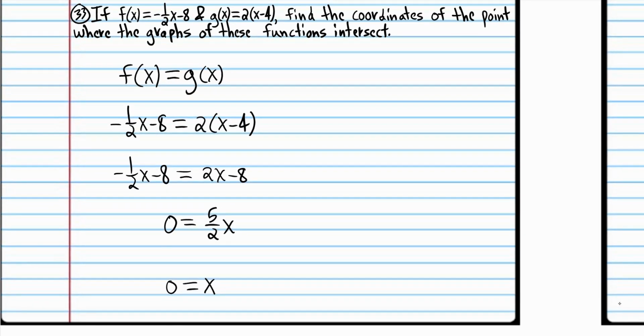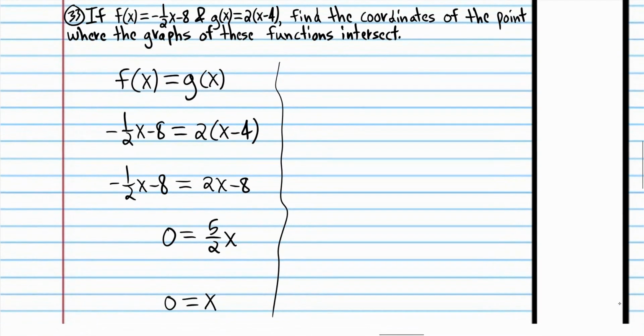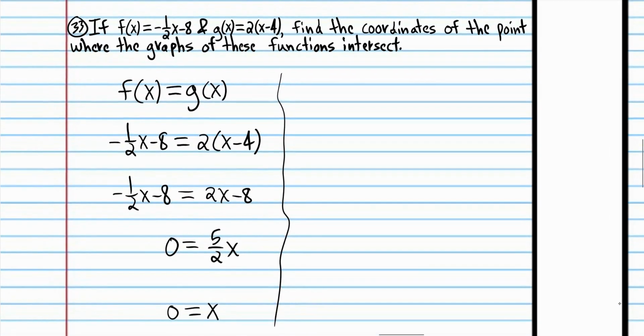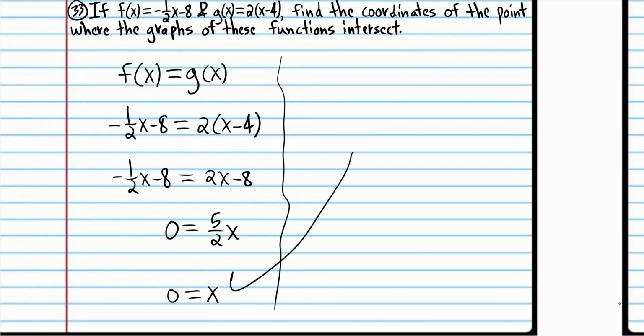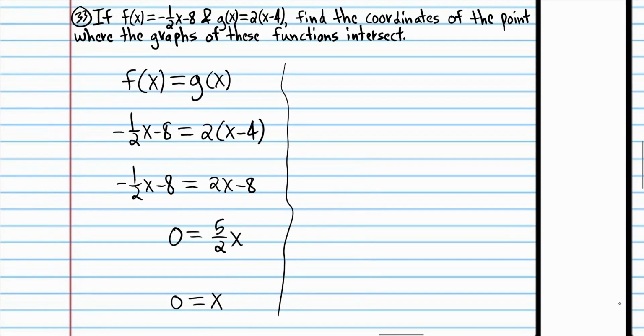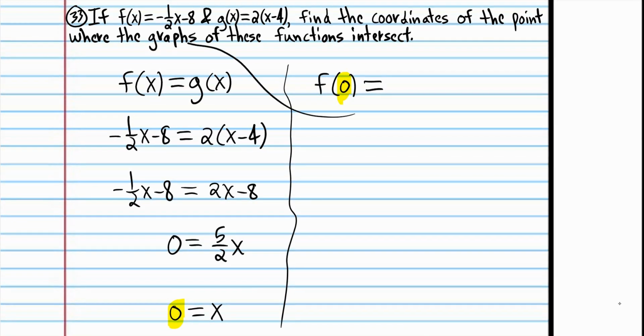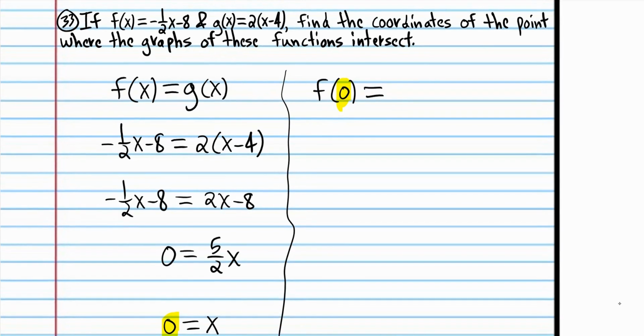So now we need to go to the second part of the problem. The second part of the problem is to find the y value of the point of intersection. We found the x value of the point of intersection of the two graphs. In order to find the y value, we can just plug in the x value that we found into one of these functions. Doesn't matter which one. They're both going to give the same y value.